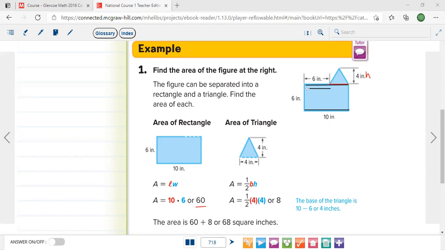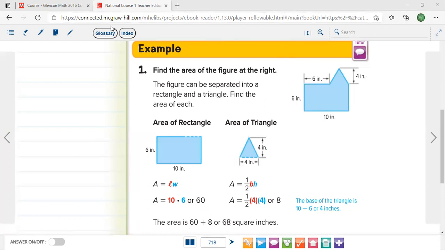So the remaining part will be 4. Mentally, 10 minus 6 will give you 4. So the base of the triangle is 4, and the height also is 4. So half base by height, half of 4 by 4, will give you 8. Now you will add the 60 and 8 to give you the total area of the composite figure, which is 68 square inches.